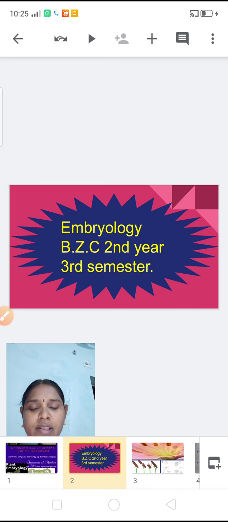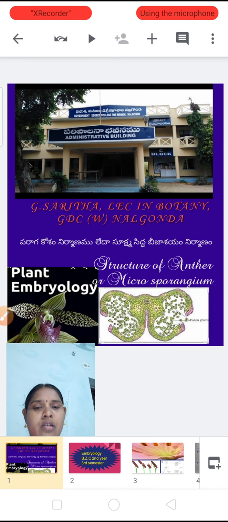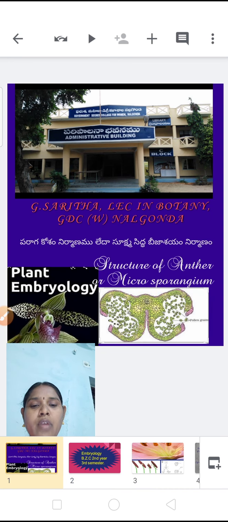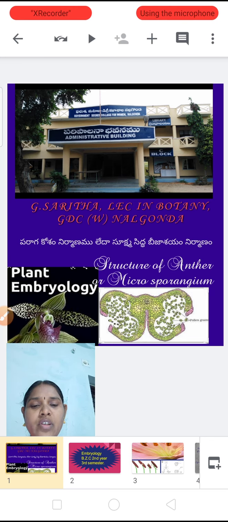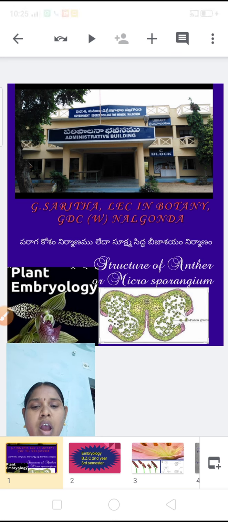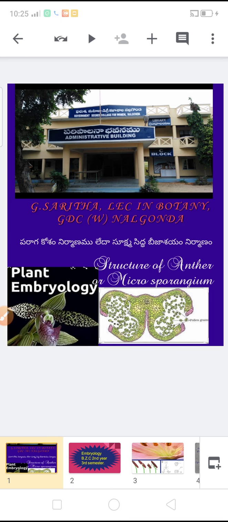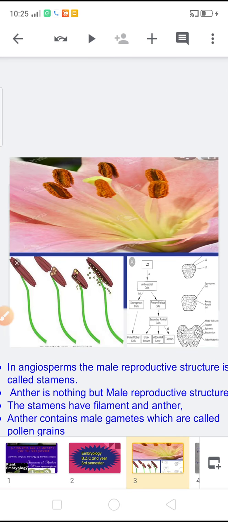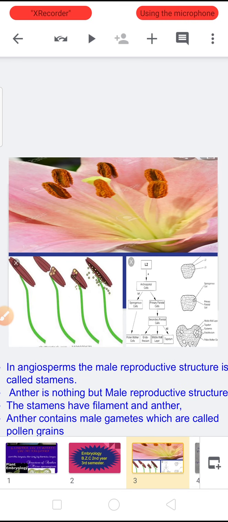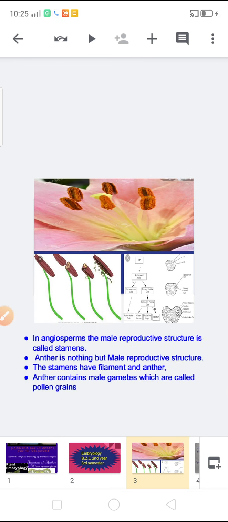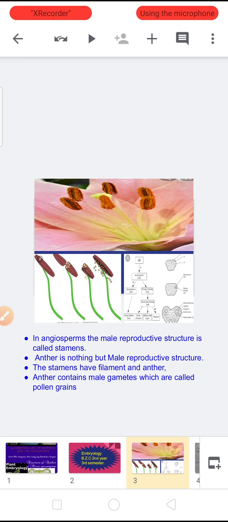Before going to discuss the structure of anther or microsporangia, we have to know the definition of embryology. So I want to give a brief introduction of embryology.